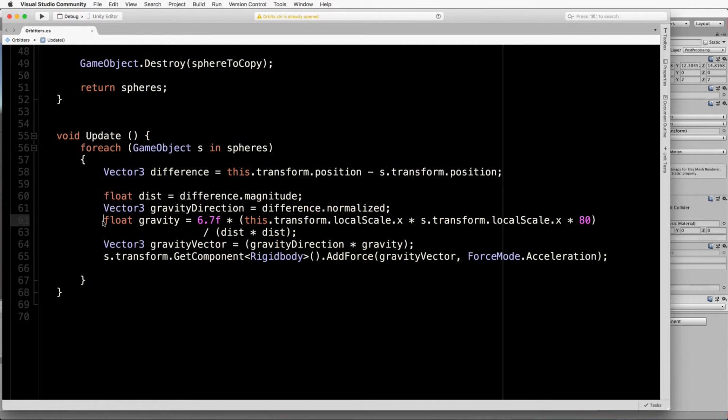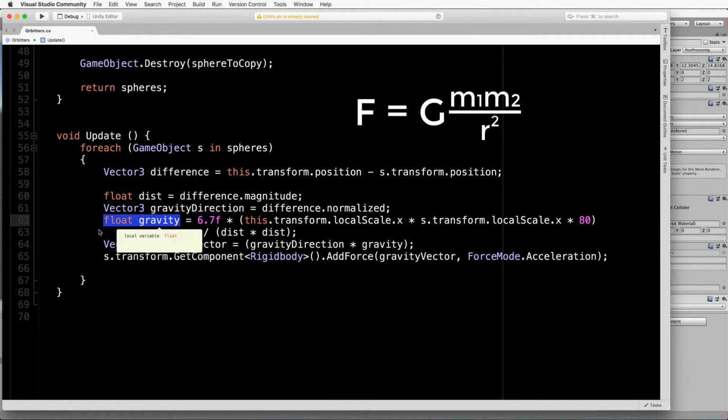Now, this, what I've called gravity here, is the F, or the force in that equation, and it's going to be 6.7, which is sort of a rough value for G, multiplied by the masses of the two objects that are involved.